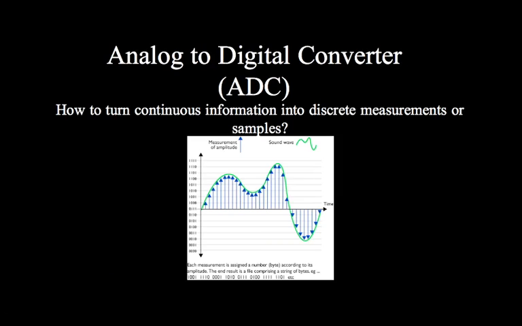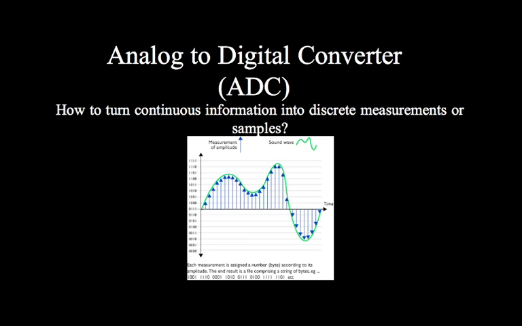This is different when we get to digital, right? Because digital is all ons and offs. And as we were talking about before, if we're going to turn sound into digital information, it has to be these individual measurements of it, or discrete measurements, or samples. When we say samples, we mean these measurements of sound at one given moment in time.